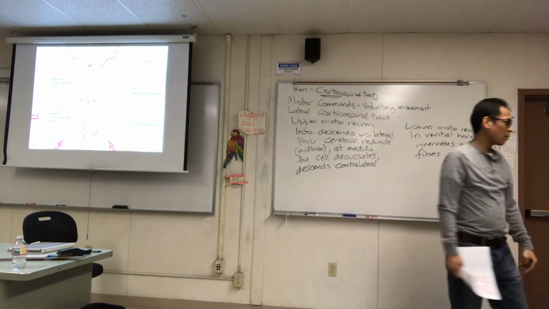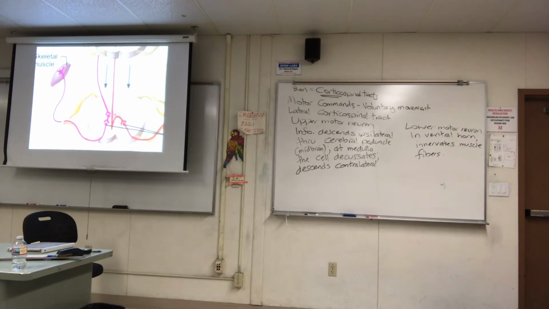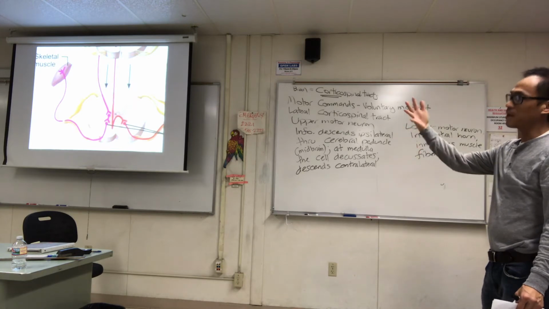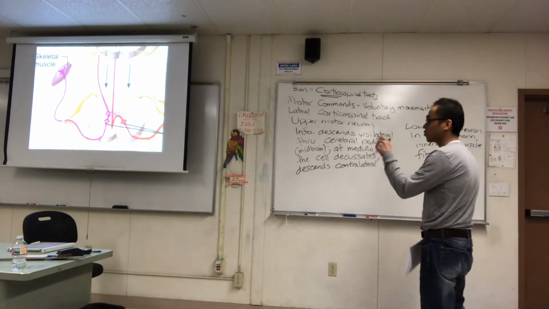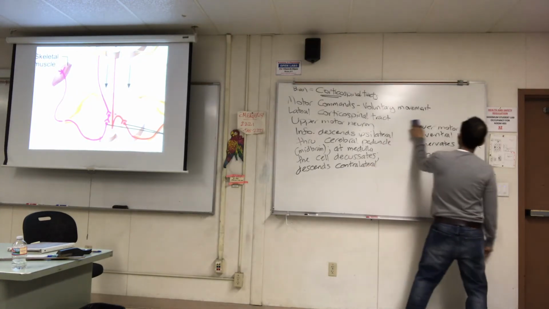So we'll just follow it all the way down now. What you see there, that purple cell, that's the upper motor neuron. It's synapsing onto an interneuron, which then synapses onto the lower motor neuron. That's at the correct level of spinal cord. So I'll continue over here.